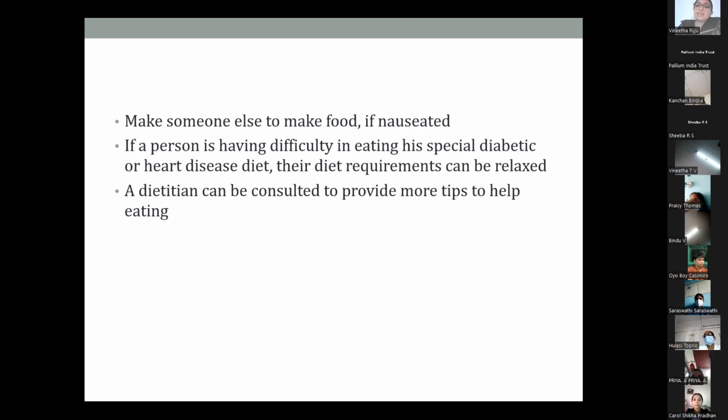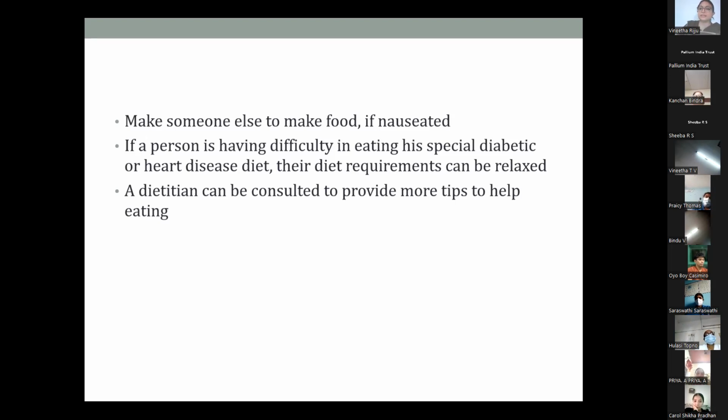If a person is having difficulty eating his own diabetic diet or cardiac specific diet, maybe for these few days, because they are so nauseated and vomiting, they are not able to take that bland kind of food. Maybe a few cheat days can be allowed. You can tell them, okay, since you're having severe nausea and vomiting, try to eat what you like, in moderate amounts, so that you are able to eat at least that.